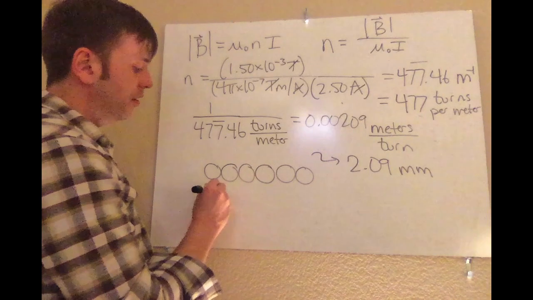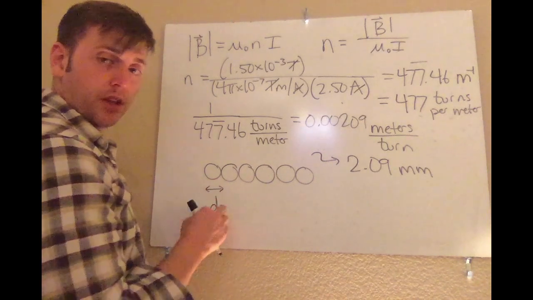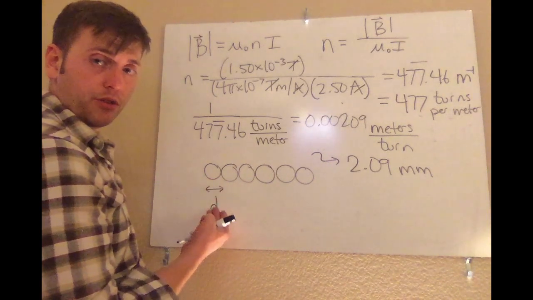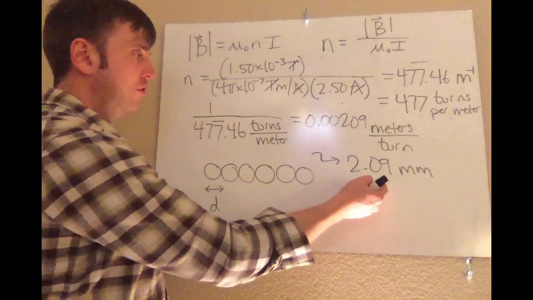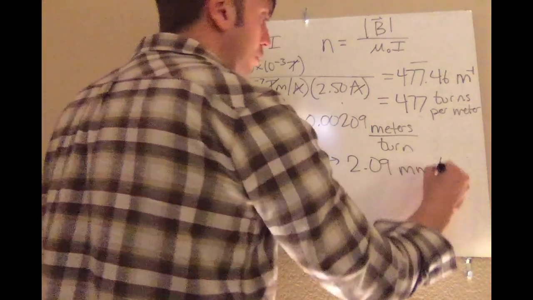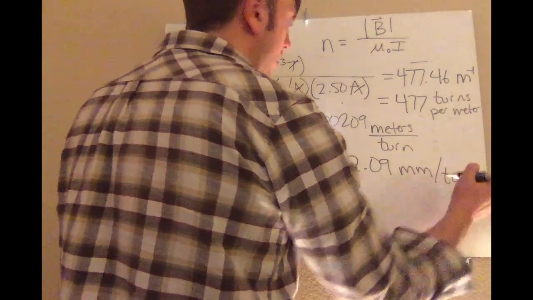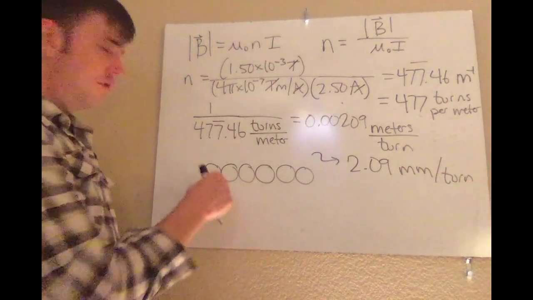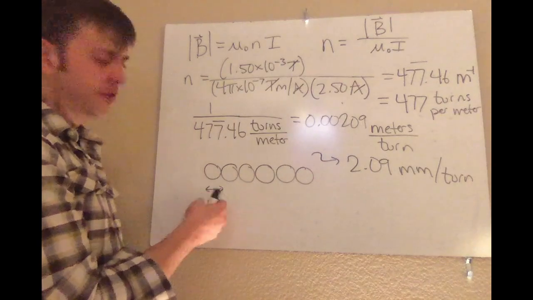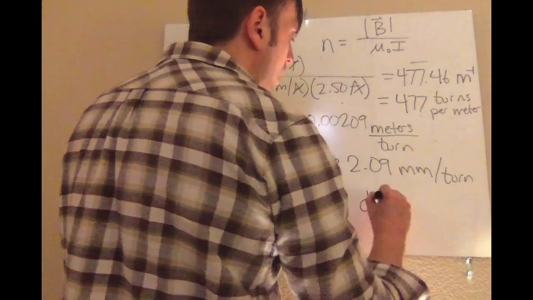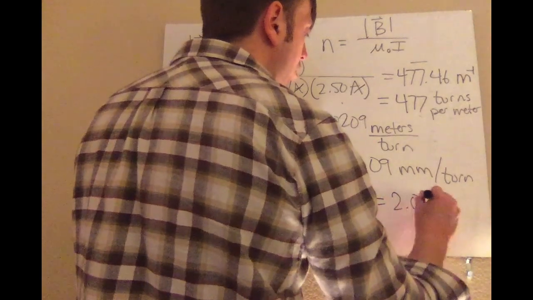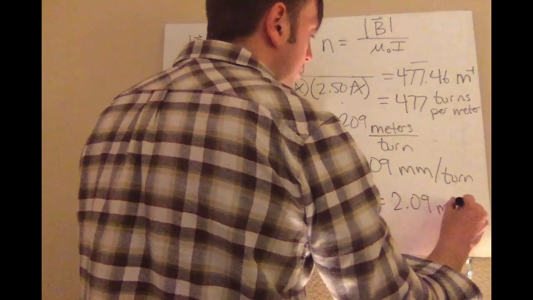Okay, and so right here is the diameter of one of those turns of wire. Well, if there are 2.09 millimeters per turn, and there's no empty space between the wires, then that's also just the diameter. The diameter of the wires is 2.09 millimeters.